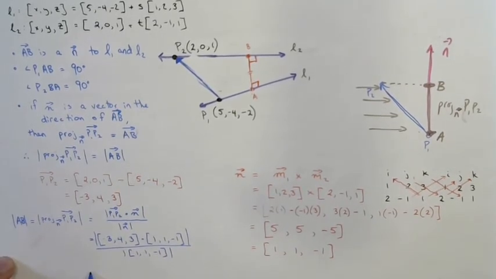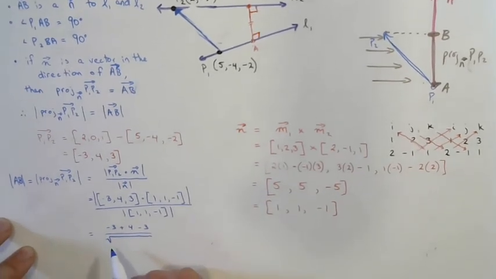And I'm probably going to run out of space here, but we'll see. Taking the dot product is, draw my line, negative 3 times 1 is negative 3, plus 4 times 1, which is 4, plus 3 times negative 1, which is negative 3, over the magnitude of this vector, which I can get by taking the square root of a squared plus b squared plus c squared.